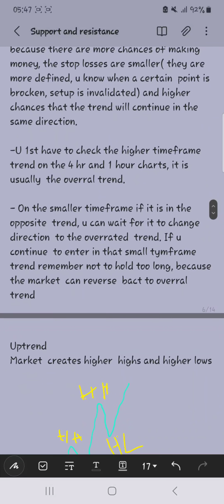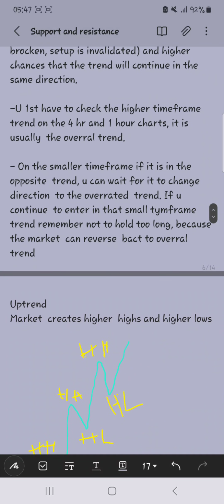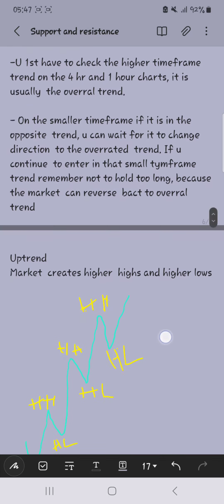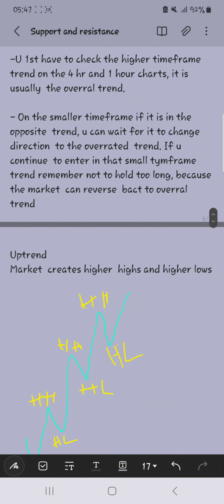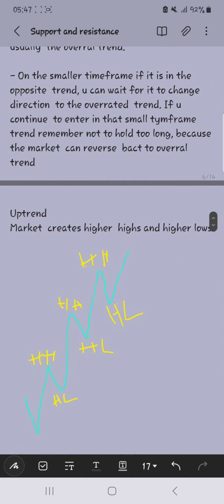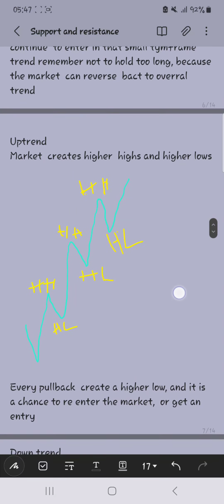The daily, you're just going to be looking for your trend, for the direction, the overall market bias, right? And then on the lower time frame, right, you can just look for more defined entries, right? And make sure that the trend on the lower time frame is also in line with the higher time frame trend. That's when you're going to be looking for our entries, right? So yeah, that's it, right?